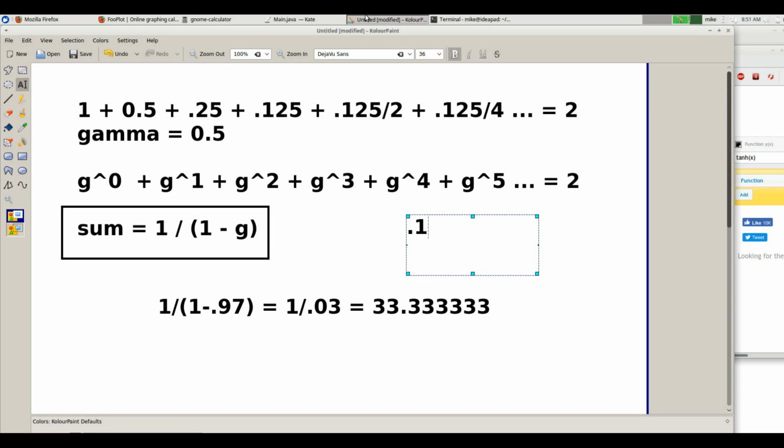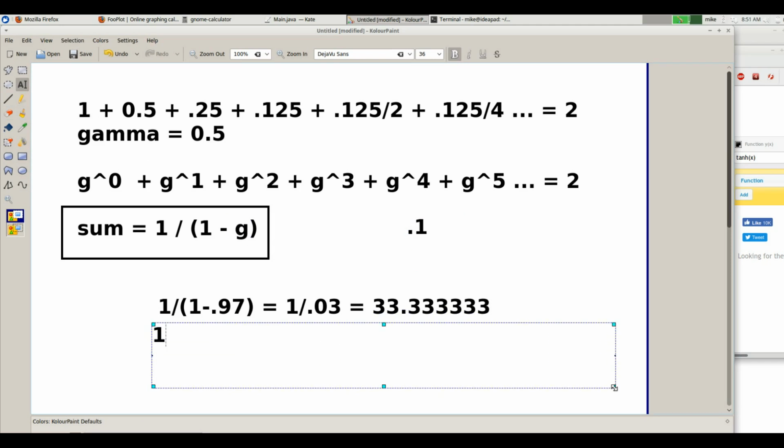So one of the solutions that was suggested is if we use a smaller value for gamma, right? If we make gamma smaller, like 0.8, then what's this value going to work out to be? 1 over 1 minus 0.8 is equal to 1 over 0.2 is equal to 5, right?